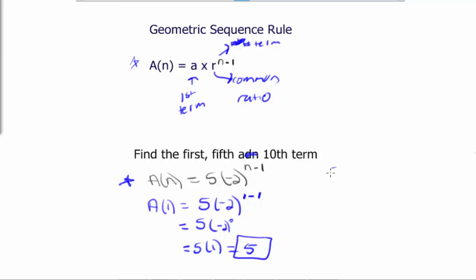And then for the 5th term, you would do 5 minus 1, so 5 times -2 to the 4th.